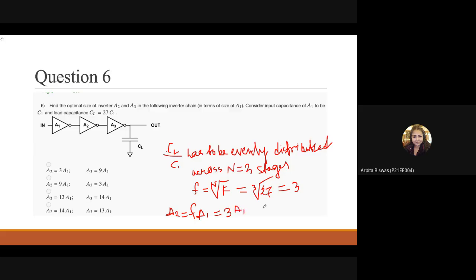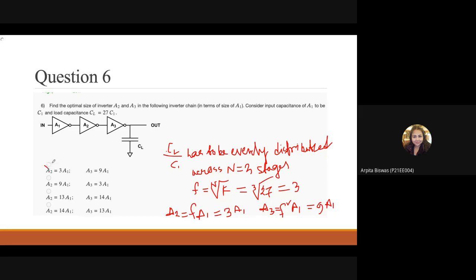And what is the value of A3? It is f squared into A1, so this is 9A1. Okay, is this clear?